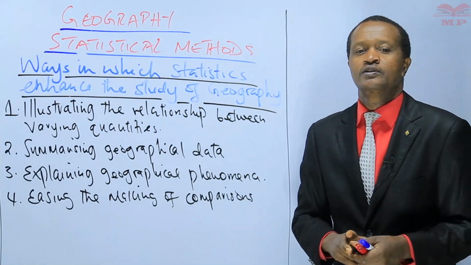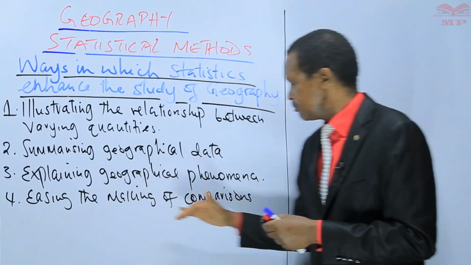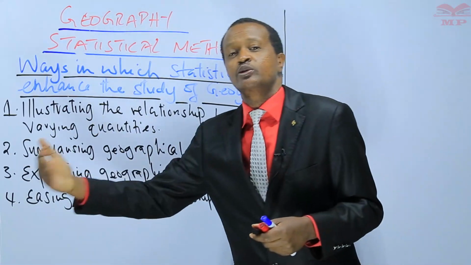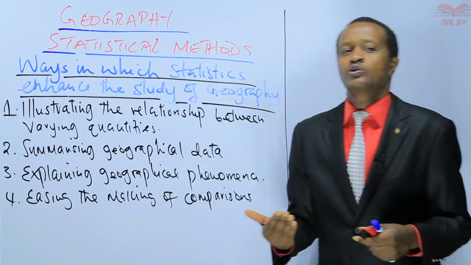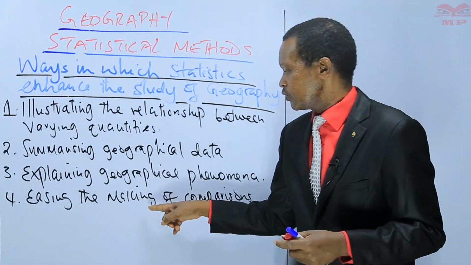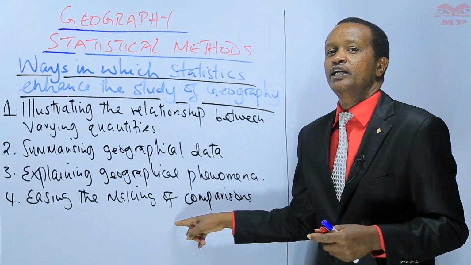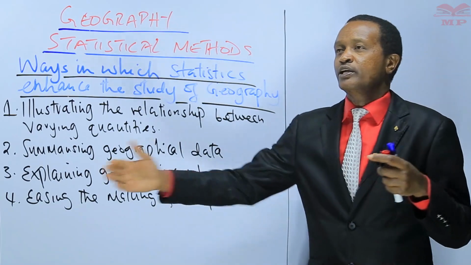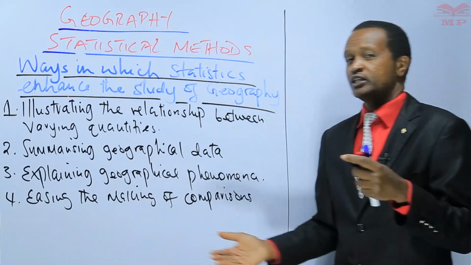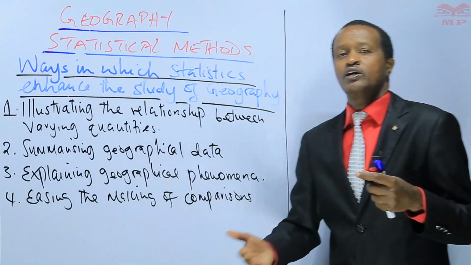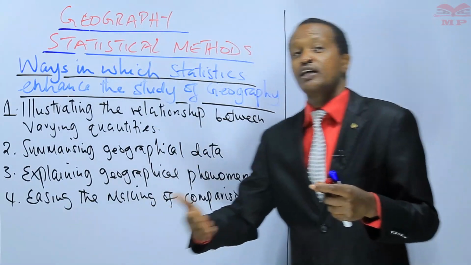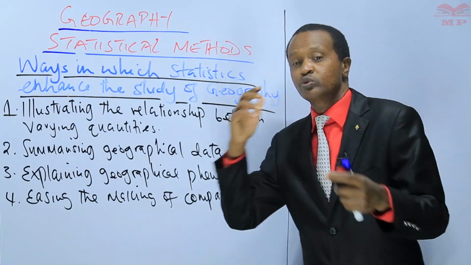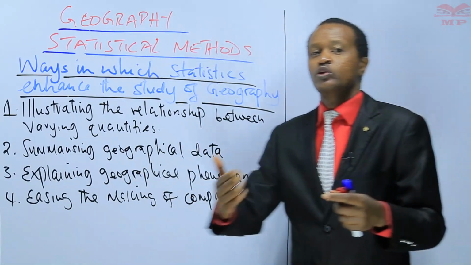All right? So it is very easy to compare population in different areas, for example, county-wise. So statistical data, learners, enables us to make comparison, for example, comparison of areas. It can be in terms of census, in terms of how people are economically endowed in different areas of the country, and that helps us to draw meaningful conclusions.